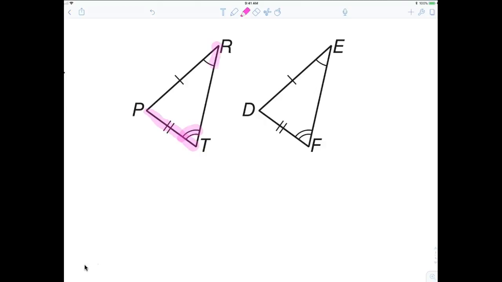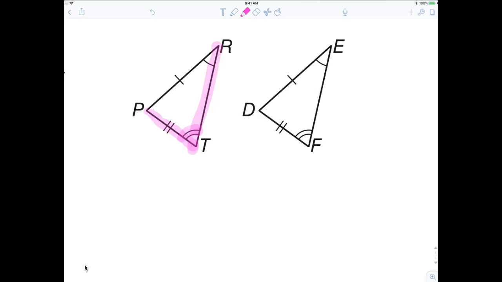I need this side to be congruent in order to have side angle side. It is side, included angle, with the side. That's what side angle side means. The angle has to be the included angle between the 2 sides that you know.